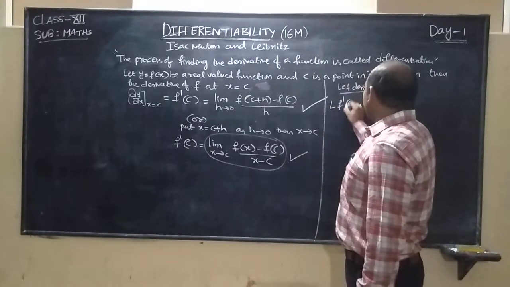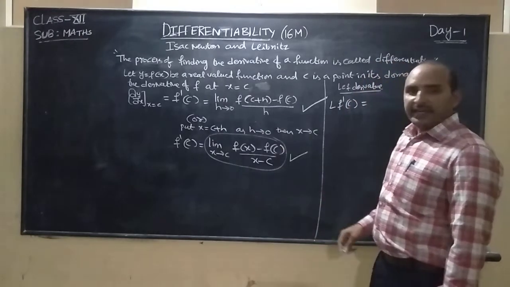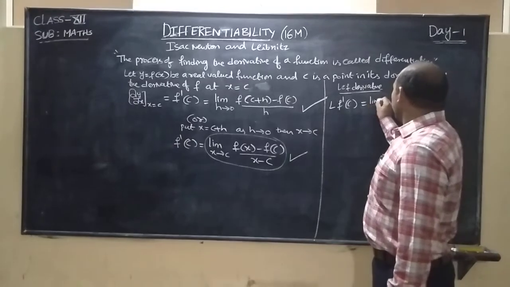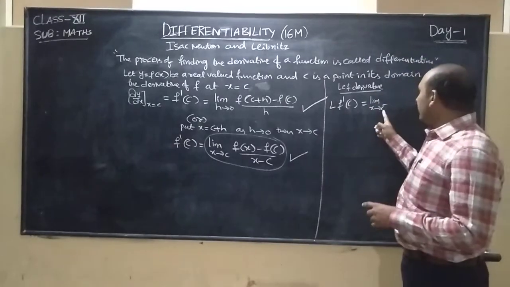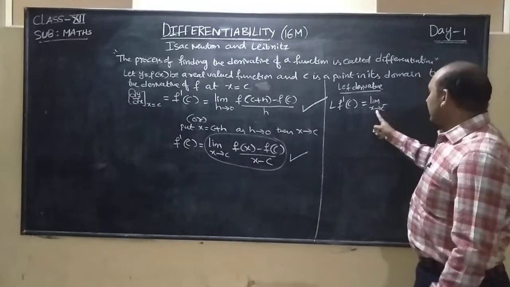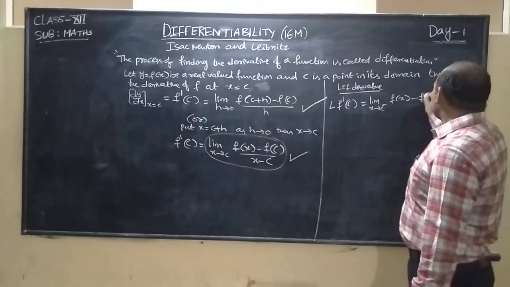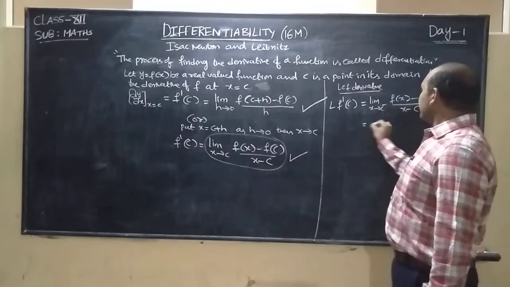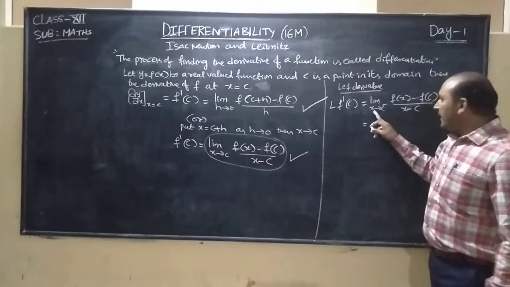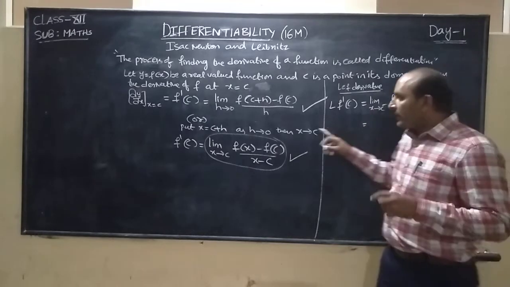L f dash of c is equal to limit x tends to c minus, left derivative means the left side of the point c, of f of x minus f of c upon x minus c. When changing the limit value from x tends to c minus, we take one positive real number h.